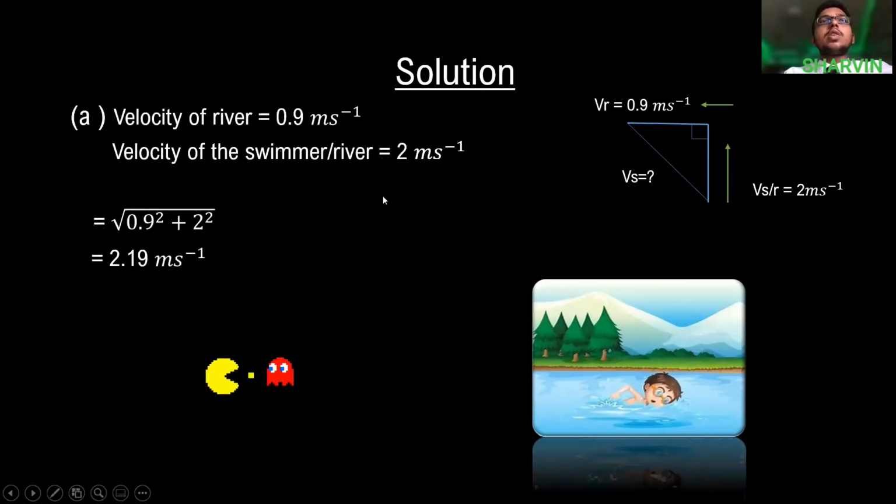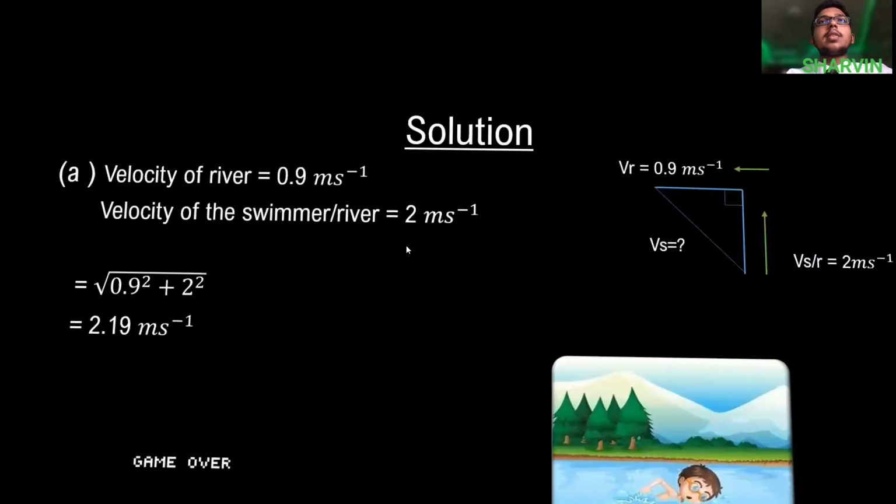So we use the Pythagoras theorem method. That is square root of 0.9 squared plus 2 squared. You will get the answer 2.19 meter per second. So the velocity of the swimmer is 2.19 meter per second. So let's go for question B.